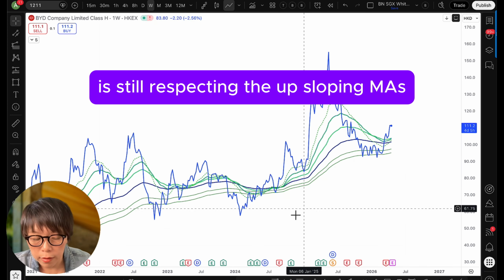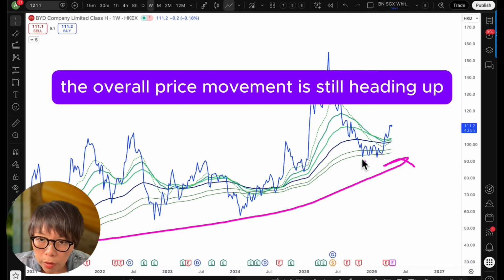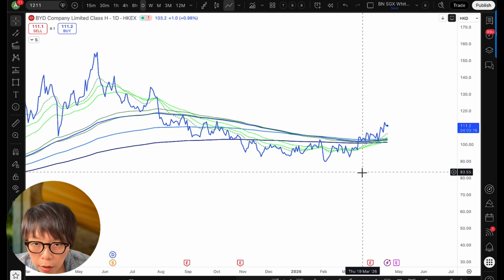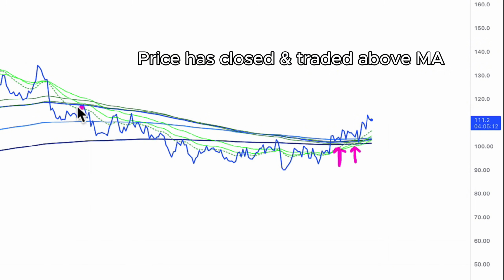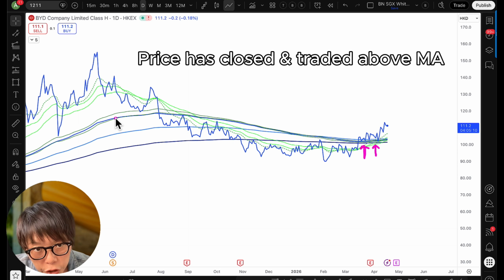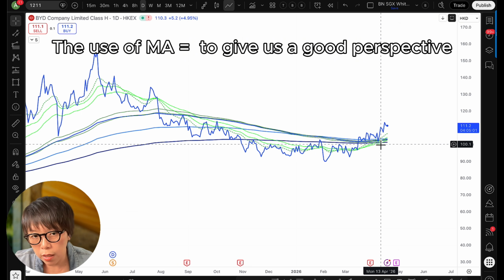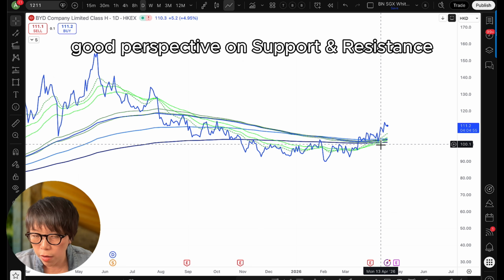That means that the overall price movement is still heading up according to those moving averages. However, when you take a look at the day, then the day has already gone above that set of moving averages that initially was acting as a resistance in the past. That is the use of moving averages in giving us a good perspective on the price trend, a good perspective on the support and resistance here.